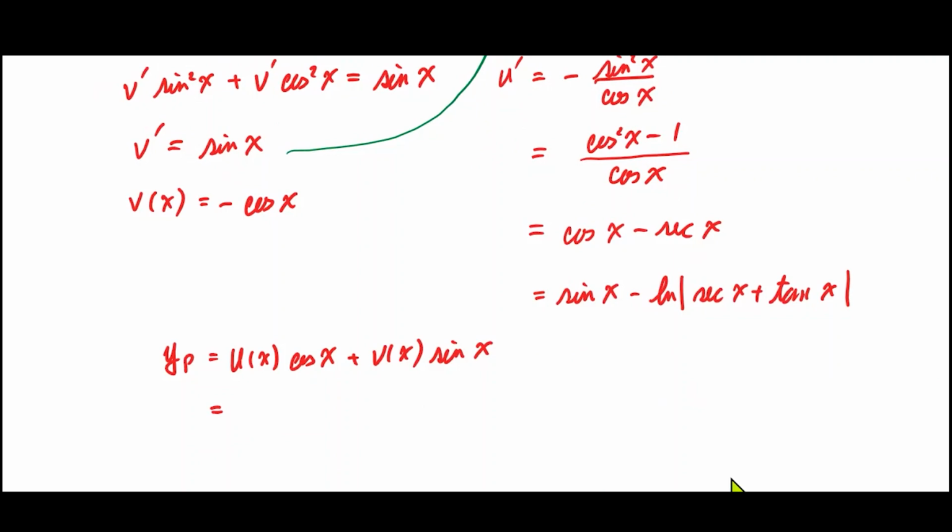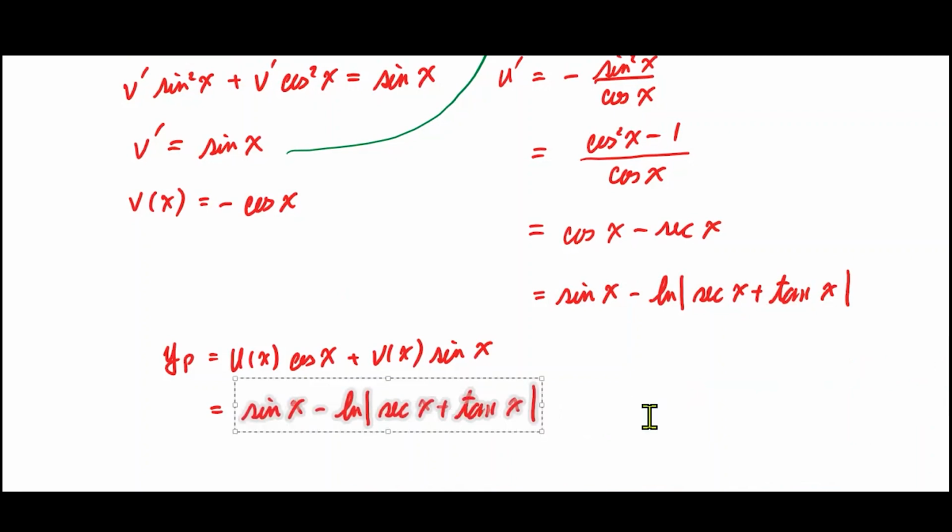So I have, oh, it's a computer, that here plus v negative cosine x, right? Negative cosine x and sine of x.